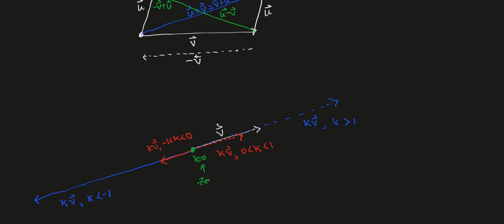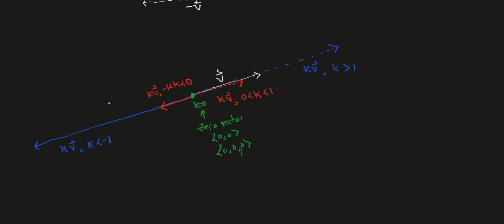I'll just indicate that this would be the 0 vector, which is 0, 0 in 2 dimensions, or 0, 0, 0 in 3 dimensions. So that's how you can visualize scalar multiplication. Just a couple more things before we wrap this video up.